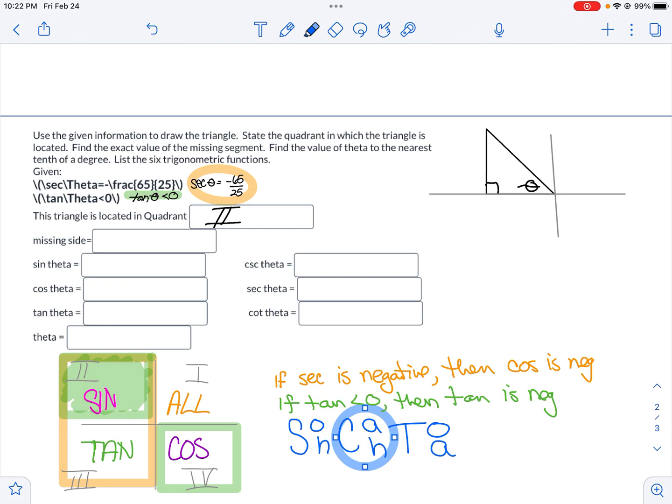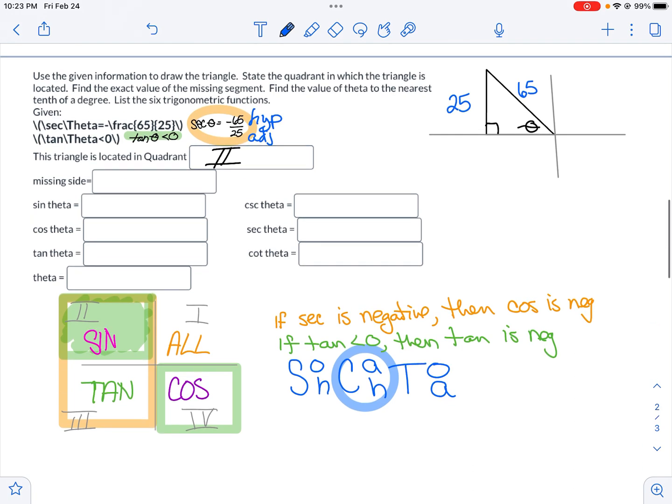So because secant is the inverse of cosine, we know the hypotenuse of the triangle is 65. And we know the adjacent side of the triangle is 25. So we know those two pieces of the triangle.